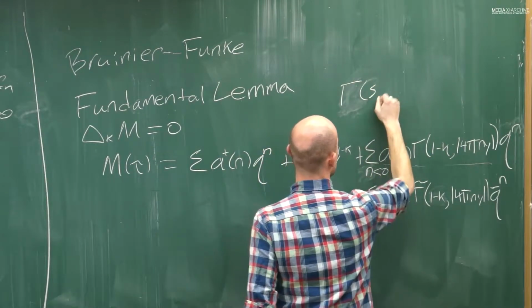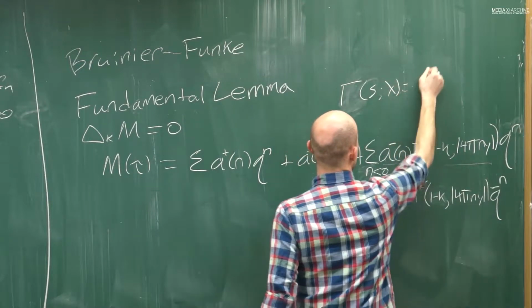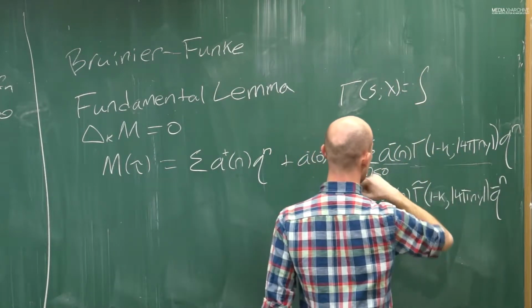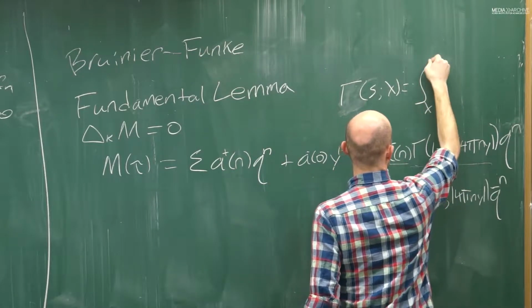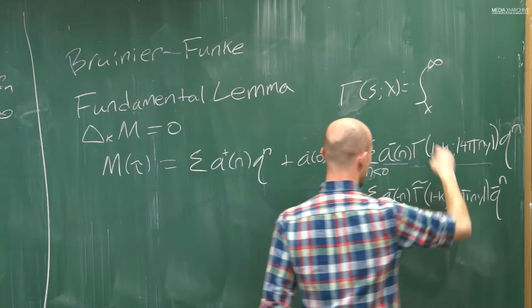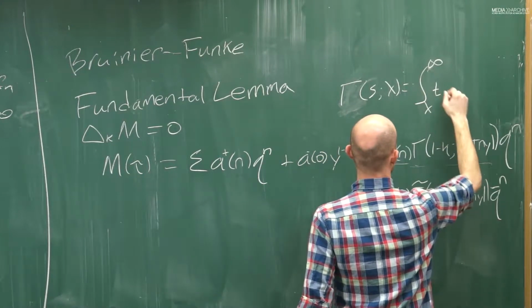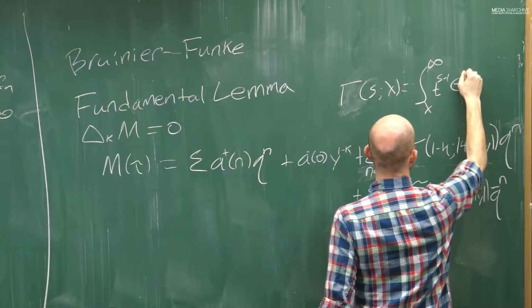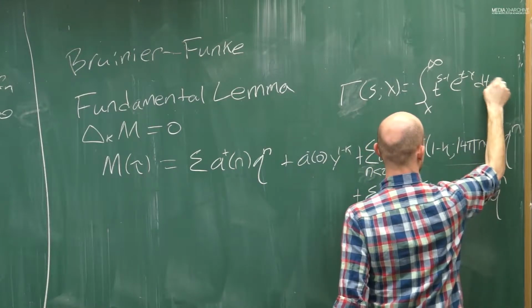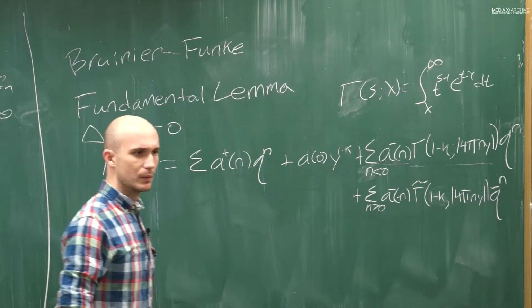Gamma of s, x is going to be the integral from x to infinity of t to the s minus 1 e to the minus t dt. I think that's right.